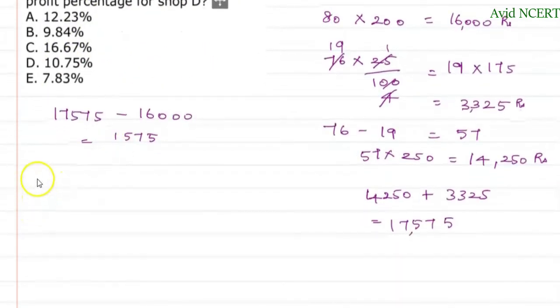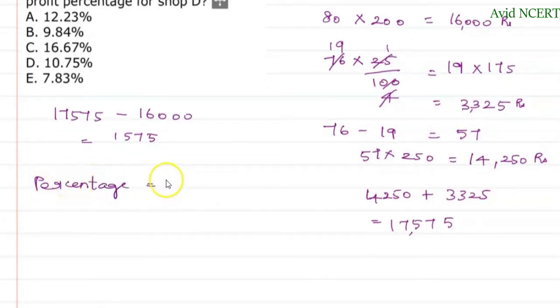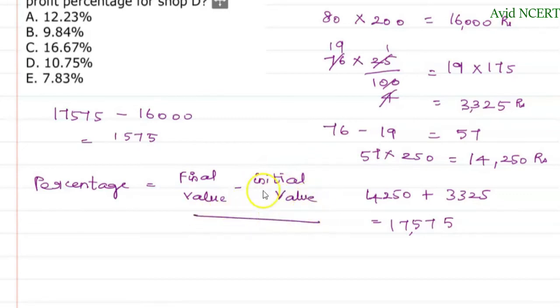Whenever they are asking for the profit percentage or percentage increase, the formula we use is the final value minus the initial value, divided by the initial value, times 100, since they are asking for the percentage.